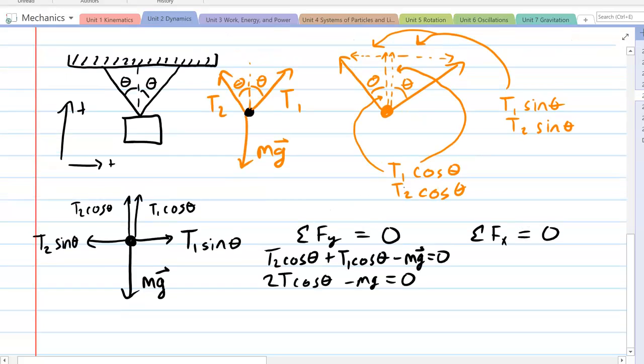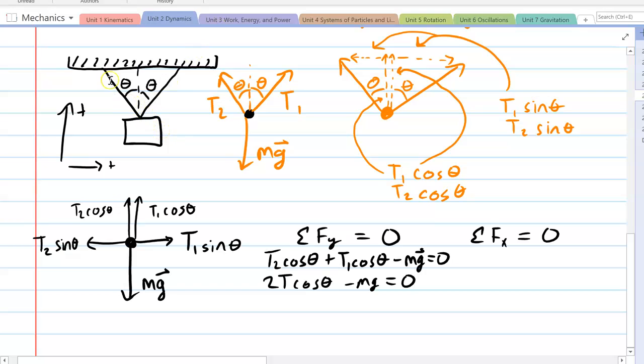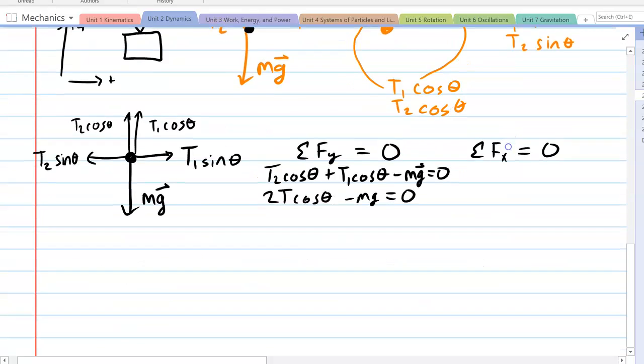And we can combine them only because they are actually the same tension, because they're symmetric angles with the same block, right? But we'll look at a case where they're not the same and how to go about that. So I kind of want to solve for tension, so let's actually do that. To do that, I have to bring this over and then divide by 2 cosine theta. So in all, I get T is equal to mg over 2 cosine theta.